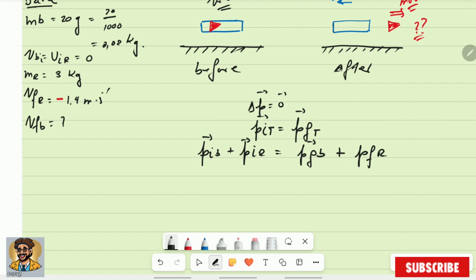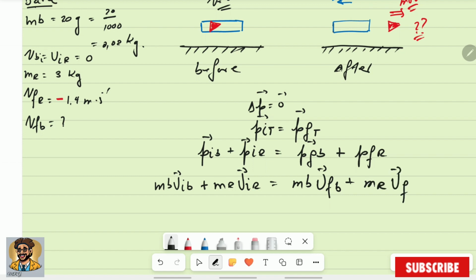So the mass of the bullet times the initial velocity of the bullet, plus, these are vectors, the mass of the rifle times the initial velocity of the rifle, is equal to the mass of the bullet times the final velocity of the bullet, plus the mass of the rifle times the final velocity of the rifle.